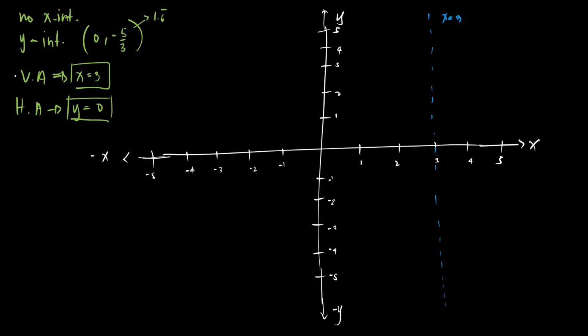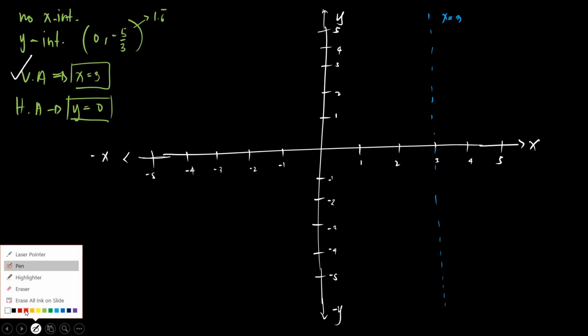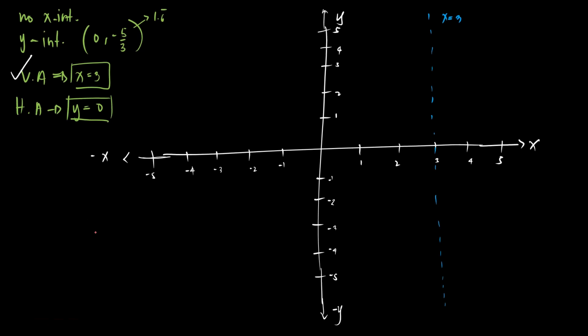Okay, now we're done with the vertical asymptote. Now let's proceed to the horizontal asymptote. Since our horizontal asymptote is y is equal to 0, it is here. So y is equal to 0.